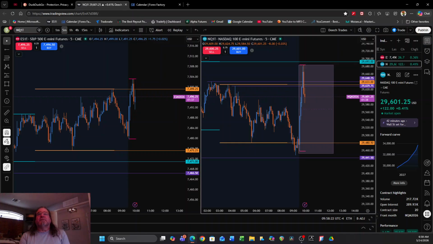I guess if we inverse this gap, we could look for a quick scalp toward equilibrium. I guess we'll see.